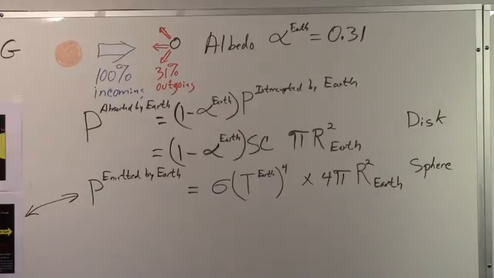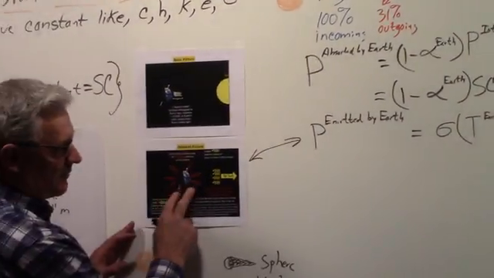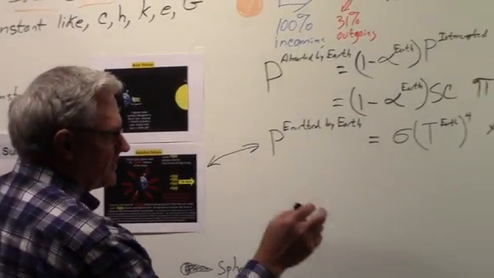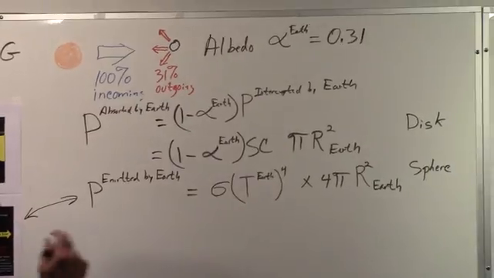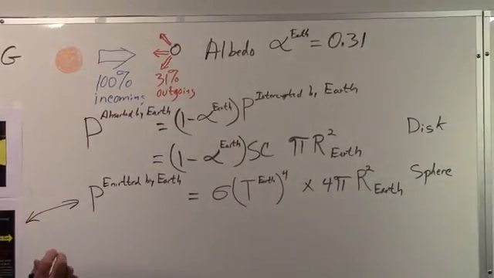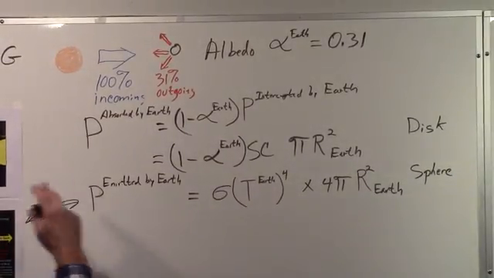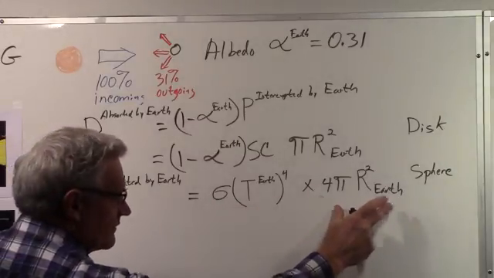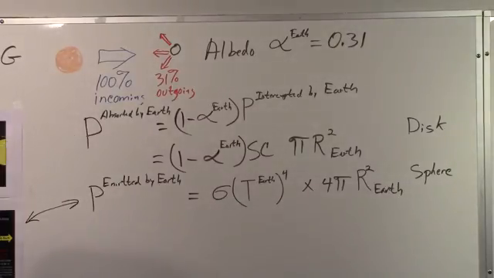This power comes to the Earth, it warms the Earth to some temperature, and then it's emitted, as I indicated over here. Some of the power is emitted by the Earth. So we use the Stefan-Boltzmann law again, just as we did in the case with the sun, times the spherical area of the Earth.